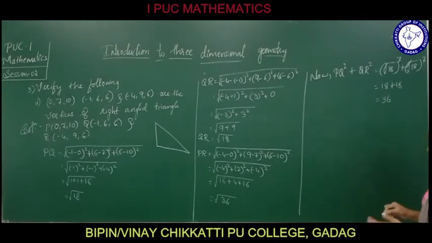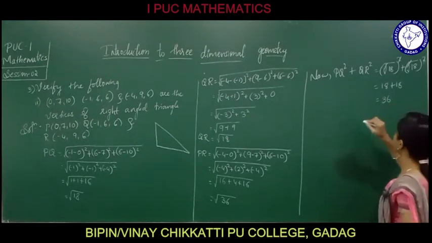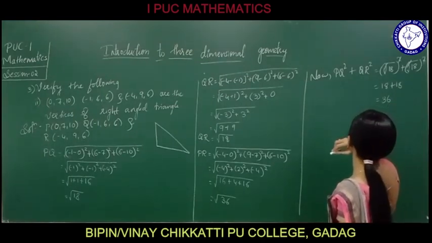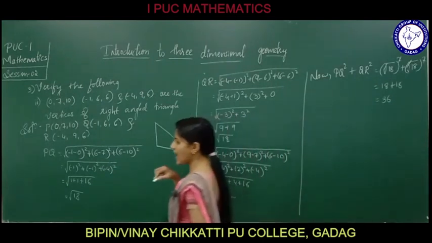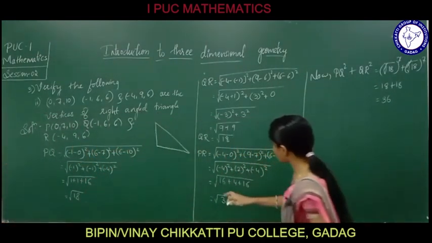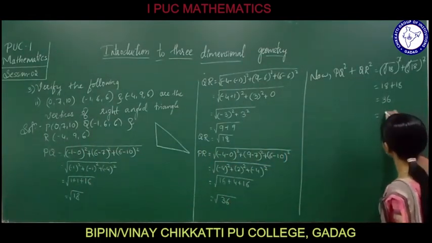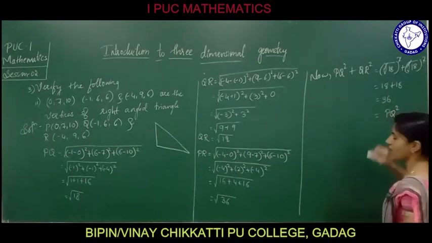So root of 18 squared plus root of 18 squared I got as 36. And PR is root of 36, which gives PR square.